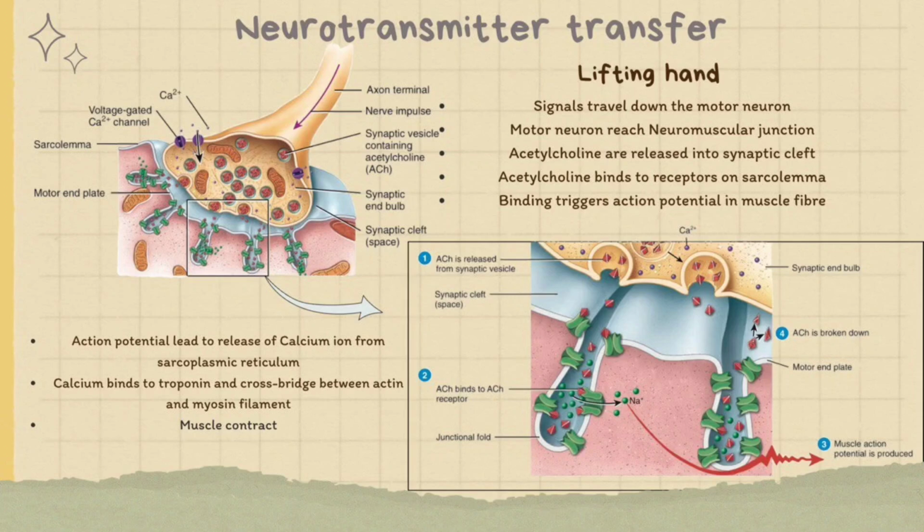This action potential will then lead to the release of calcium ions from the sarcoplasmic reticulum, and then the calcium ions will bind to troponin and cause the formation of cross bridges between the actin and myosin filaments, which will then cause the muscle to contract and finally the hand to be lifted.